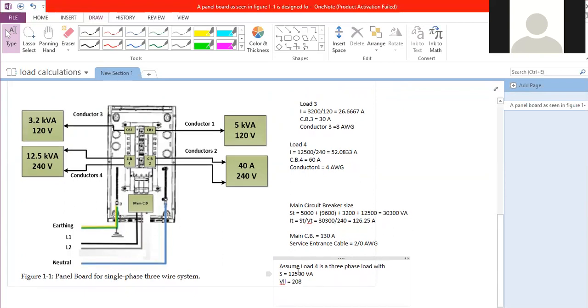So if we need to make the calculation we need to start with the current, right?